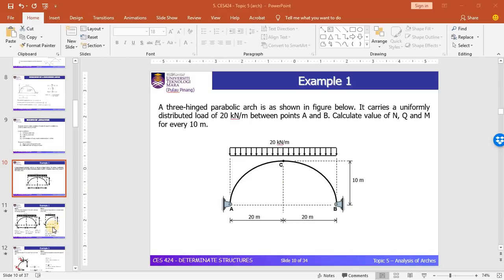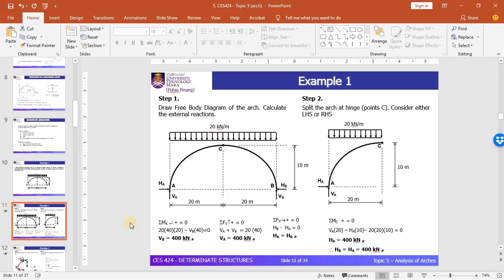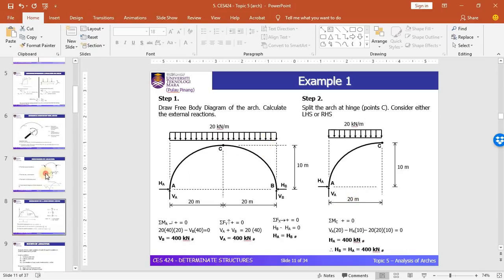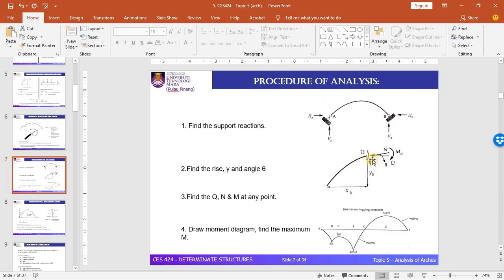Let's go to the next slide. Based on the procedure of analysis that I have explained in the previous part of the lecture, you need to find out the support reactions.